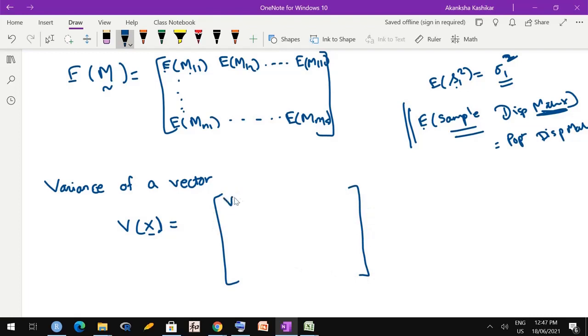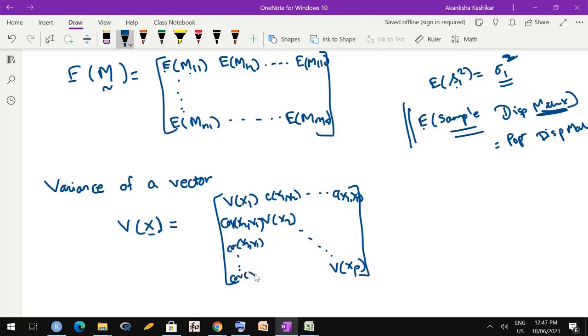So this would have variance of x1, variance of x2 up to variance of xp as diagonal entries, then covariance between x1 x2 up to covariance between x1 xp, then here covariance between x2 x1, then x3 x1 up to covariance between xp x1, etc. Okay, so this is how my variance covariance matrix would be defined.